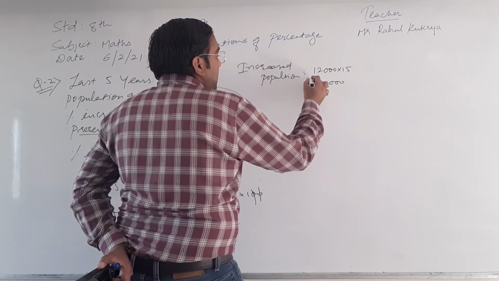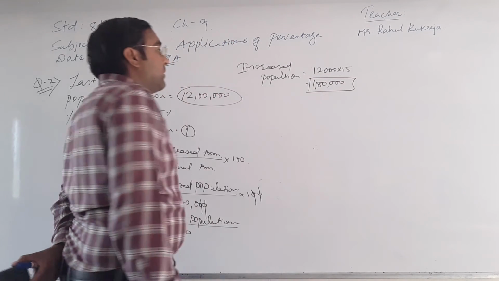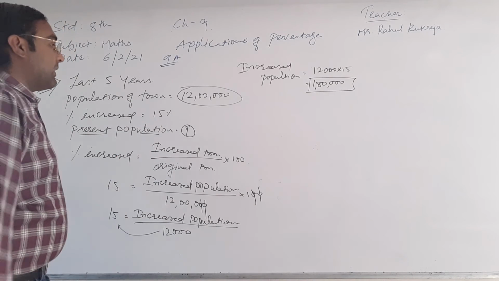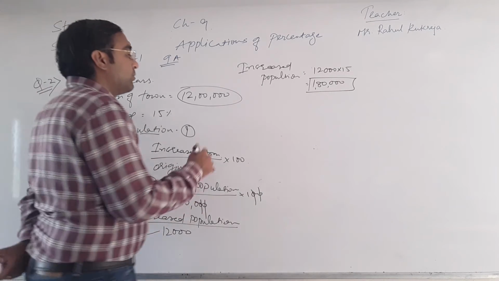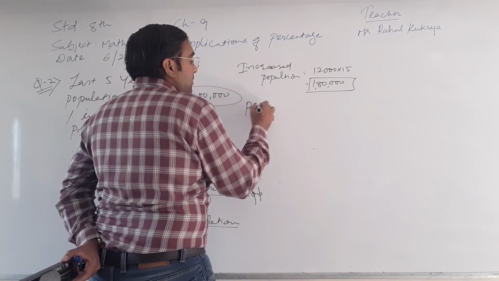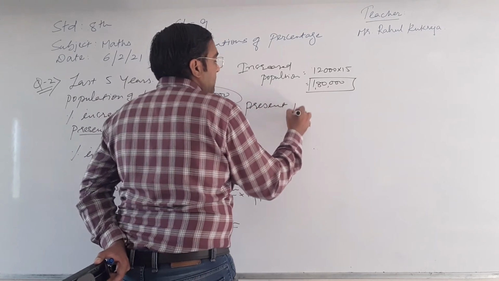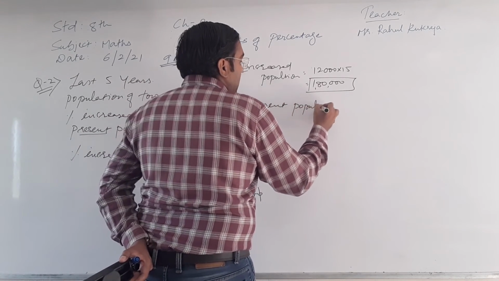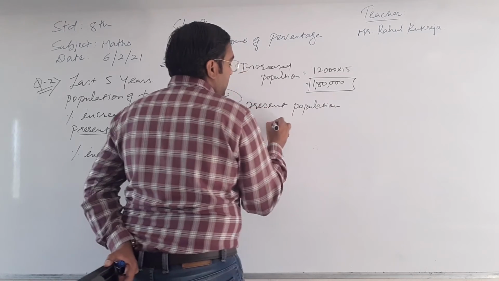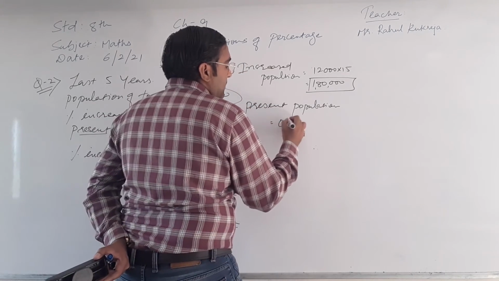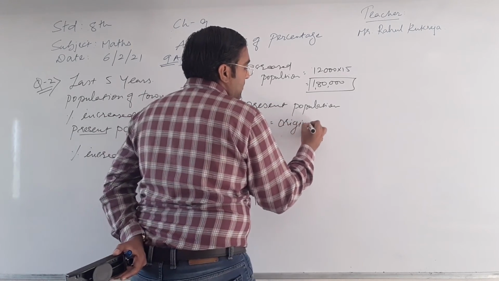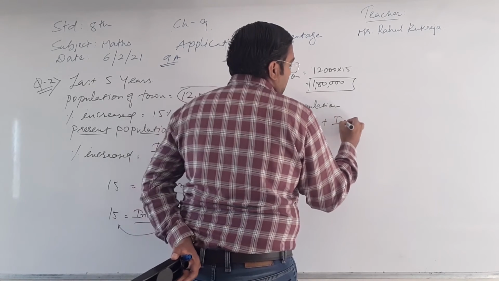So your population will be 1,80,000 increased from the last year. So present population will be original plus increase.